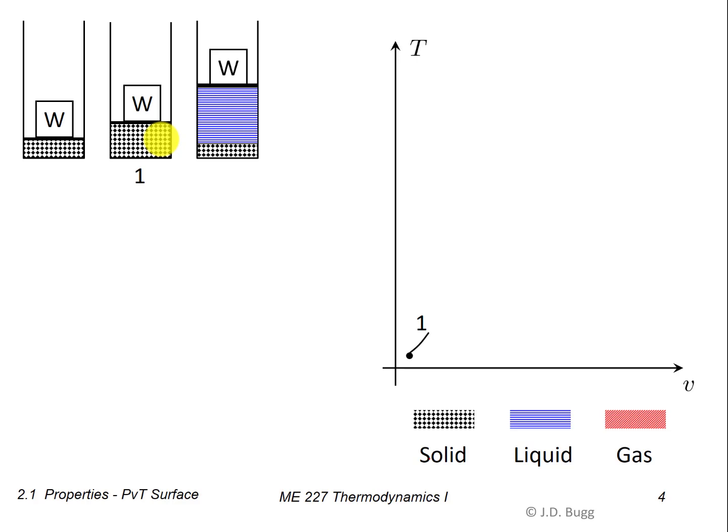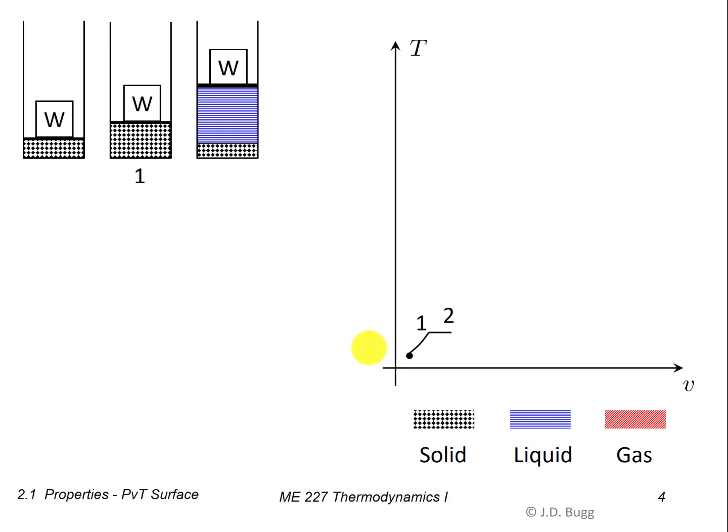That energy that we're adding goes into converting this substance from a solid to a liquid. So we go through a phase change, and on the TV diagram that phase change happens at constant temperature. So the temperature starts going up, and we get a flat part on this line of constant pressure. So this temperature right here would be the melting point of this substance.